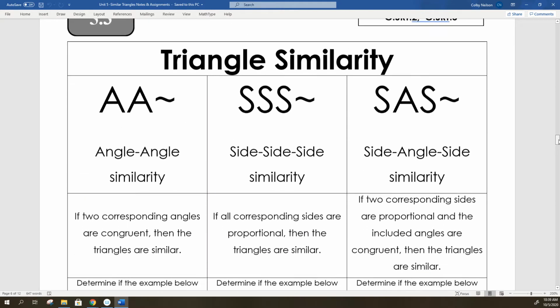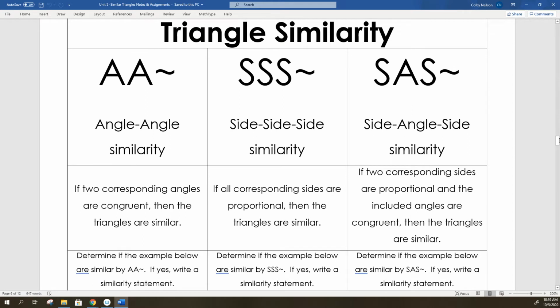You're doing the same thing as far as finding angles or finding sides, but the sides have to be proportional, okay? It's not congruent sides. The sides have to be proportional, but the angles have to be the same. So the most common one is finding two angles for them to be similar, okay?